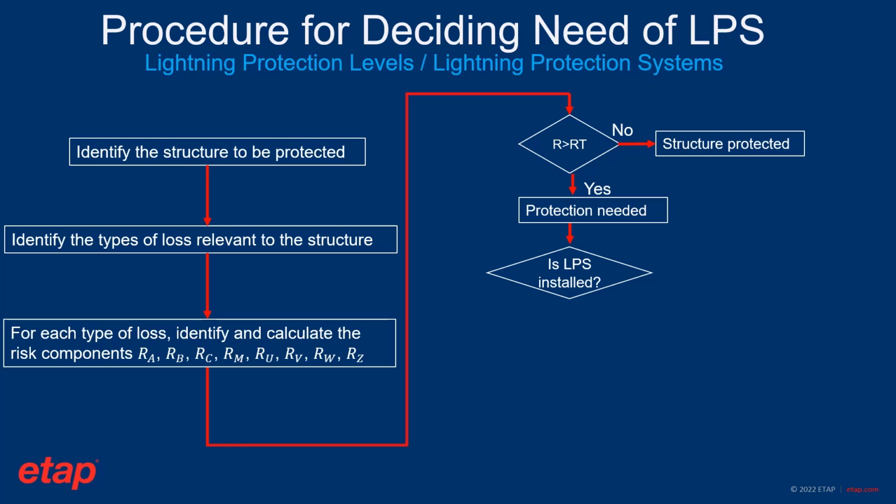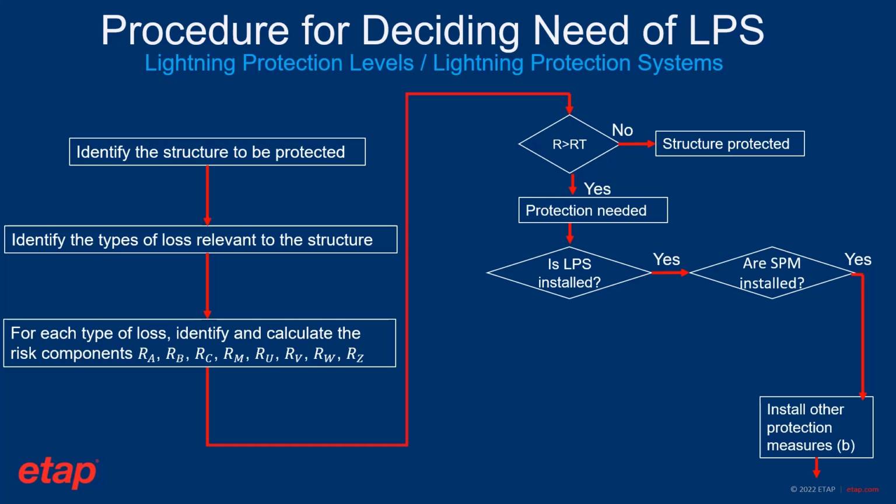And then the next thing is, now that we need protection for the lightning, is the lightning protection system installed? If yes, are the surge protective devices installed? If yes, make sure to install other protection measures for the structure and the associated environment, such as environmental factors like trees and other power lines or telecom lines linked to the structure, or even buried lines and buried telephone lines, which could have an impact on this lightning structure.